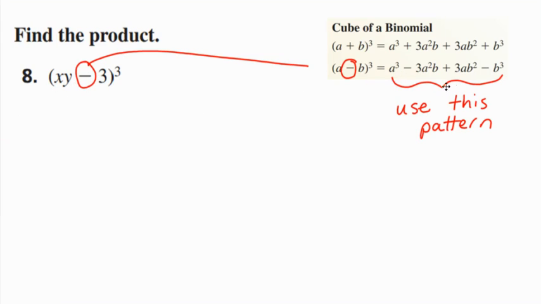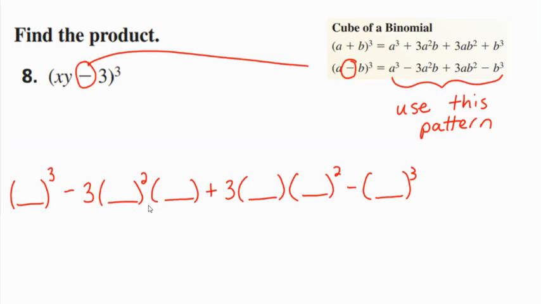So I'm going to use this pattern right here where it's a cubed minus 3a squared b plus 3ab squared minus b cubed. So I'm just going to draw it out. Instead of a's and b's, I'm going to write some blanks, okay? I have blank cubed minus 3 blank squared blank plus 3 blank blank squared minus blank cubed.